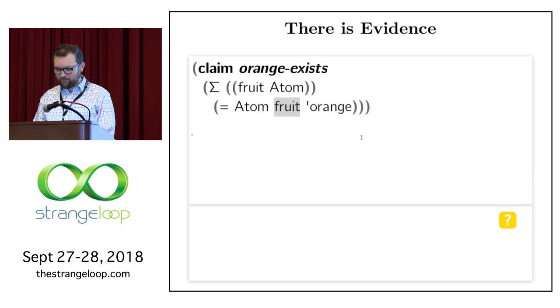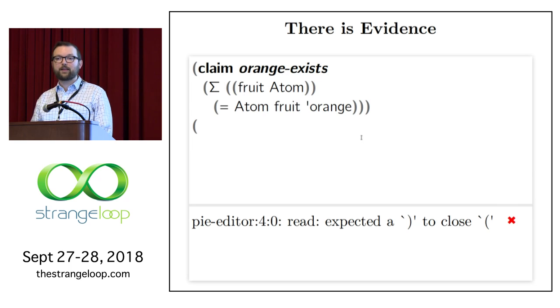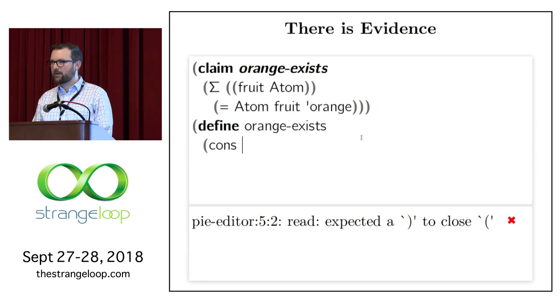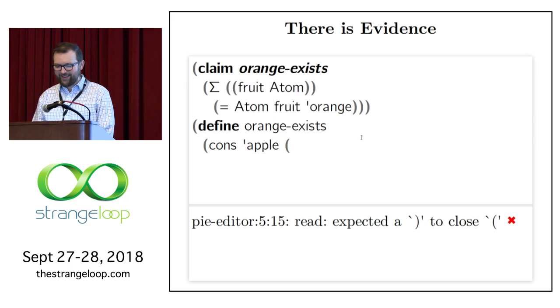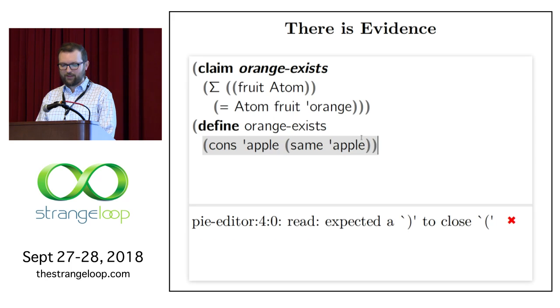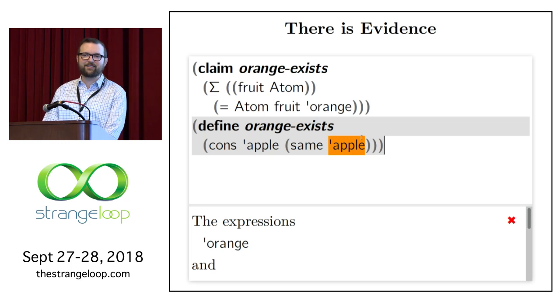So I can say, it turns out that sigma is actually a fancier version of pair. So I can say define orange exists, and then it's going to be cons, and I want to pick some fruit, apple, because I like apples, and then we will say same apple, because we want to show that it's equal. And it turns out that it's actually not equal to orange.